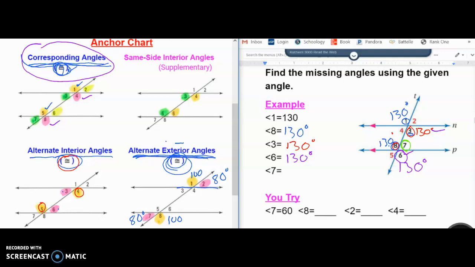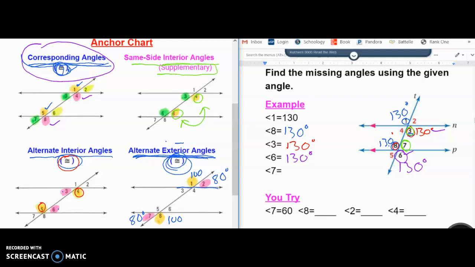Before we look over there, you can use more than one relationship, but I'm going to use the one I skipped. Same side interior. So that would be like 6 and 4. So 7 and 3 are in the same place as these two. So those are same side interior.